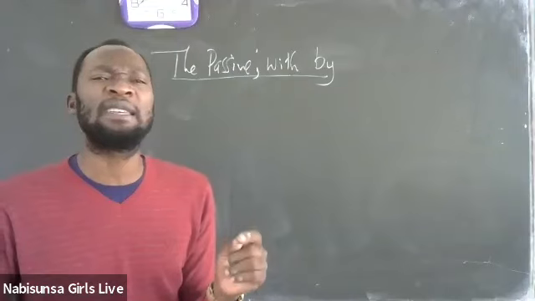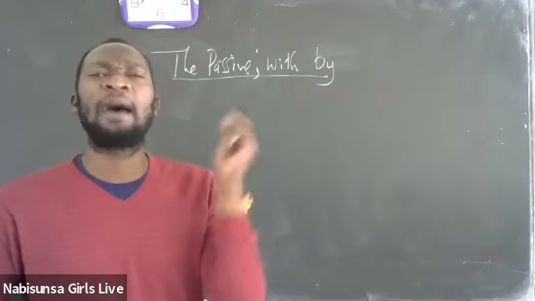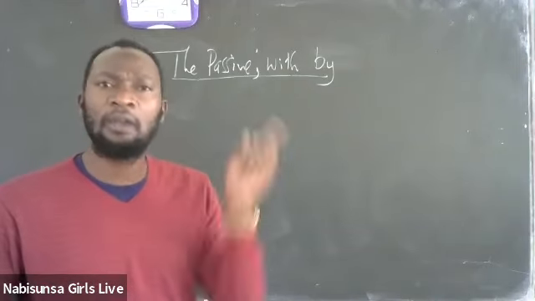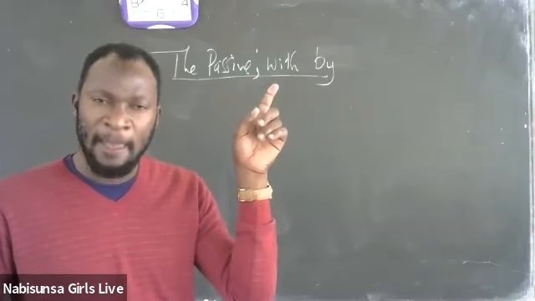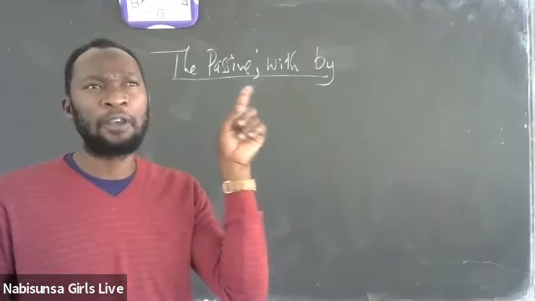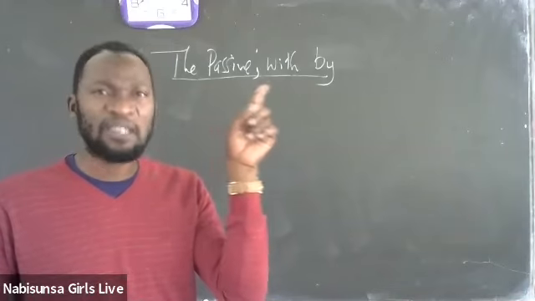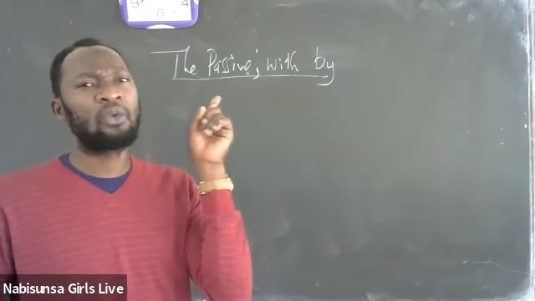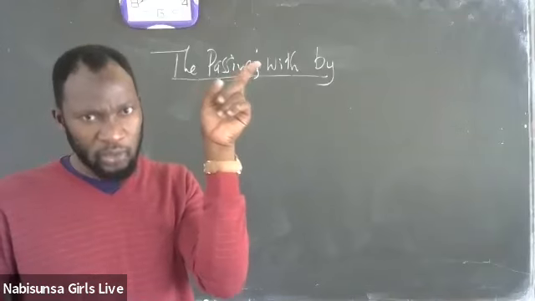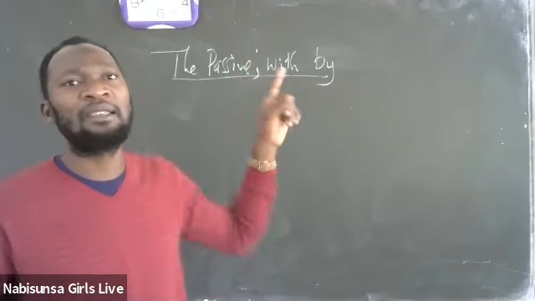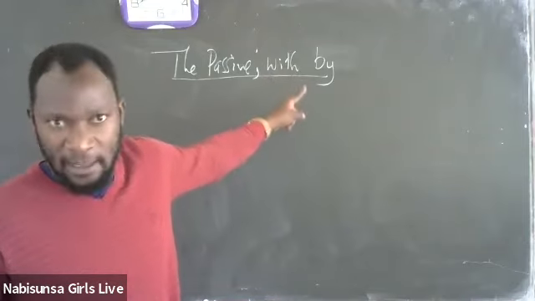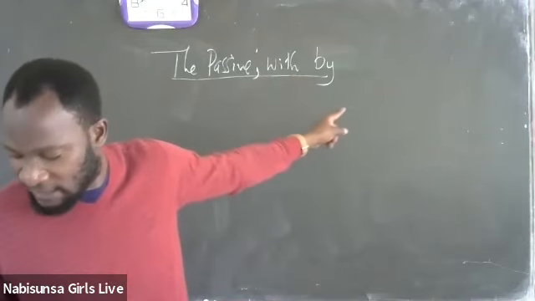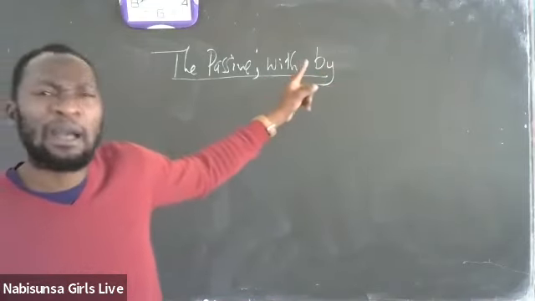If we are not interested in that subject that does the action, then we use the passive voice. But in the passive voice, if you take an interest in the doer of the action or want to indicate the doer of the action, then this is when we use by. Okay, I think I've answered you. Now let's look at this table.